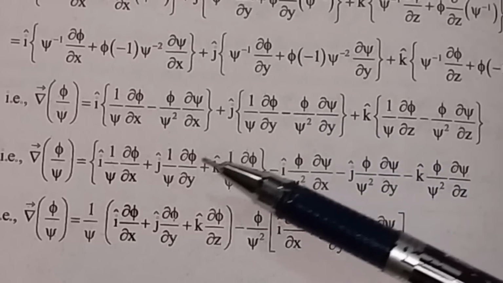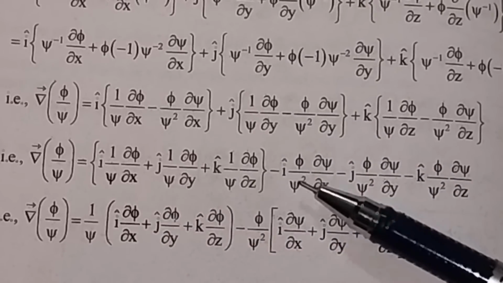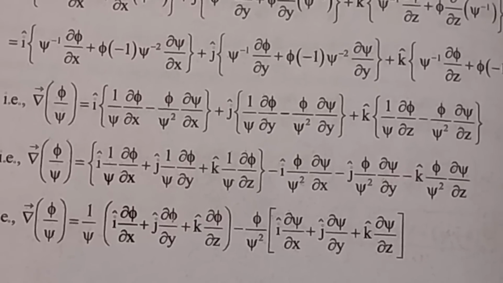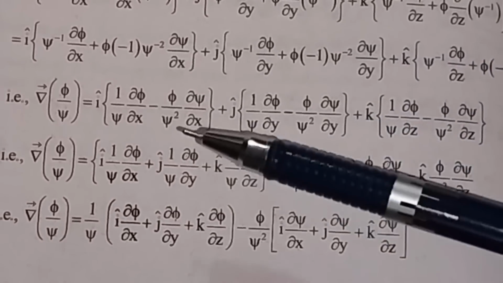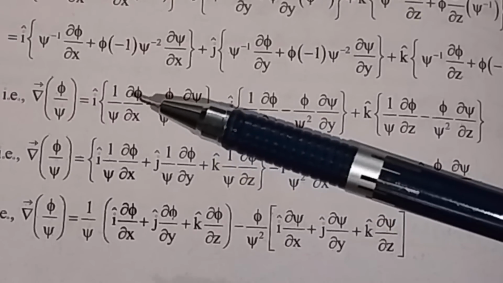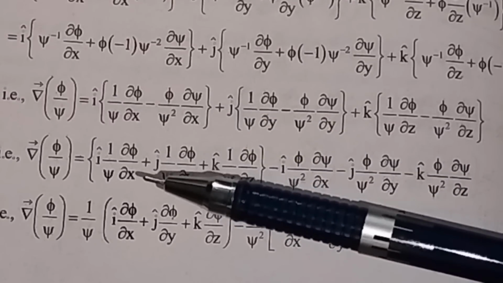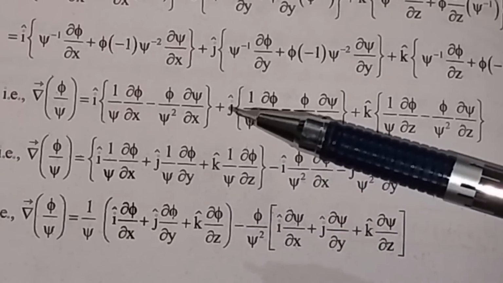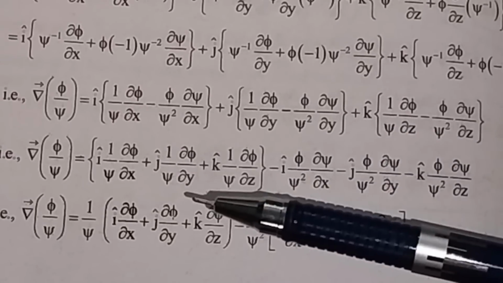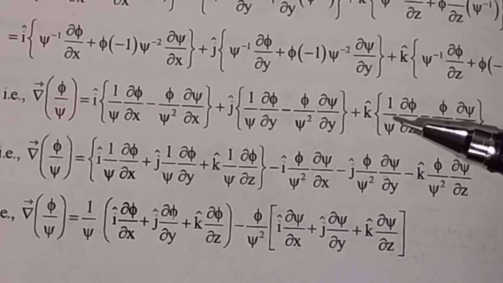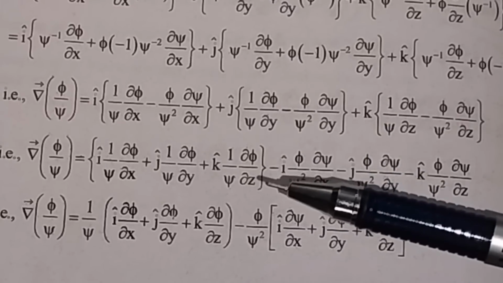That means you take the phi terms here and the psi terms there. So the phi terms give i cap 1 by psi del phi by del x, plus j cap 1 by psi del phi by del y, plus k cap 1 by psi del phi by del z.